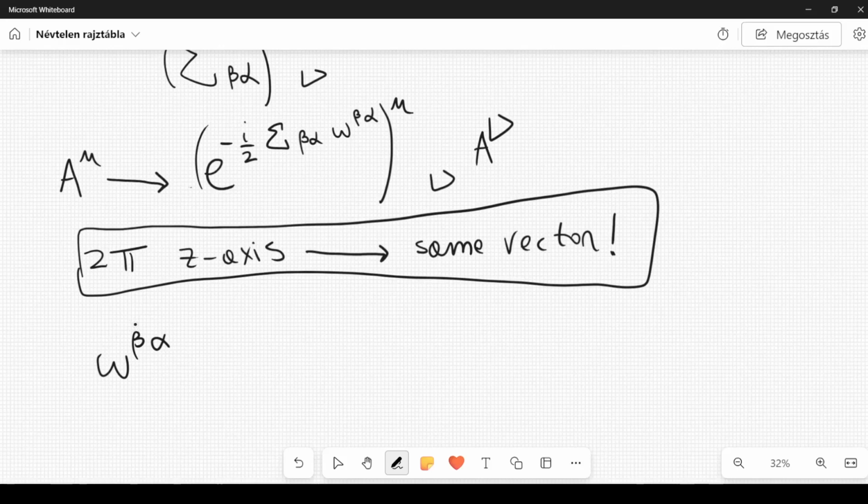If you want to switch from lower indices to upper indices, you have to multiply by the metric tensor, which is eta, with some indices alpha, beta, nu, mu, whatever, and you have to transform the tensor with the lower indices to a tensor with upper indices, and so on.